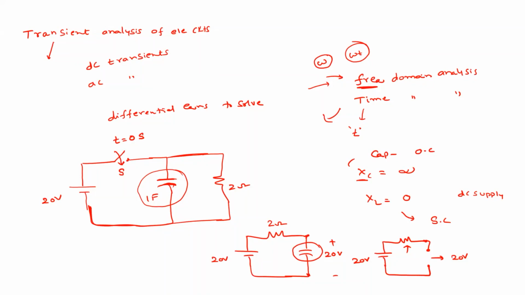There is a property of the capacitor, right? If you assume this is the time axis, and here this is 20 volts, how it reaches 20 volts is what you are going to study.